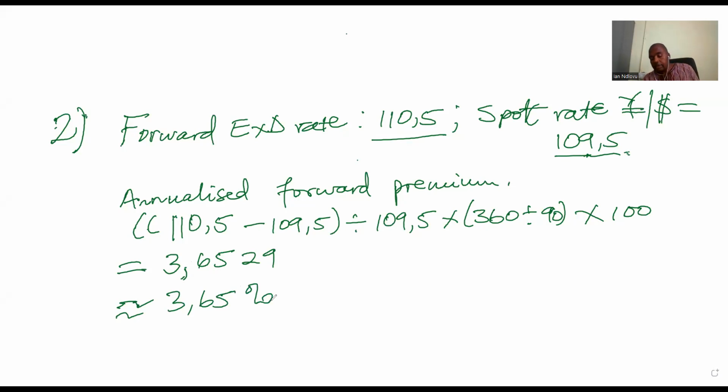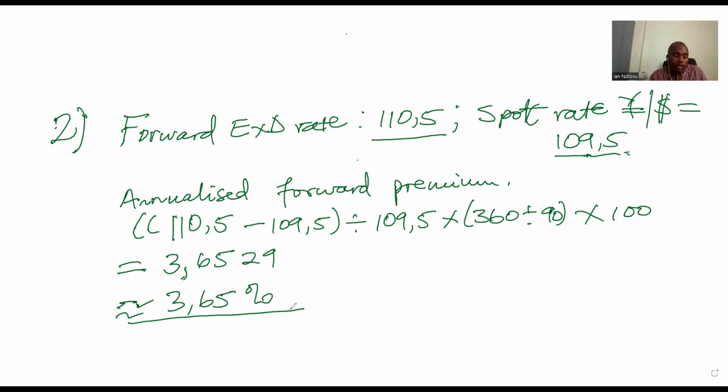This is a huge depreciation of 1 yen. So the annualized forward premium for 3 months is 3.65%. So again, in this scenario, the US dollar is strong relative to the Japanese yen.